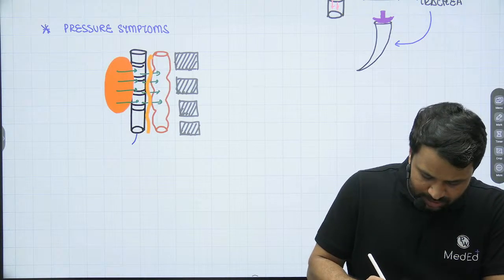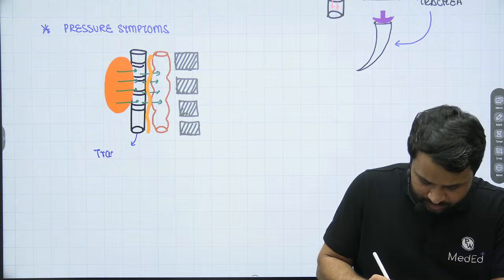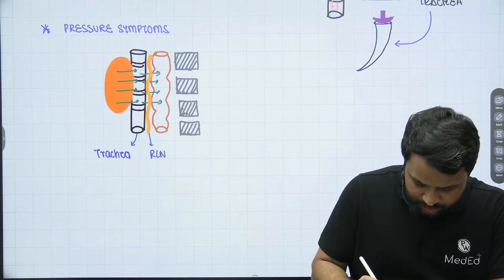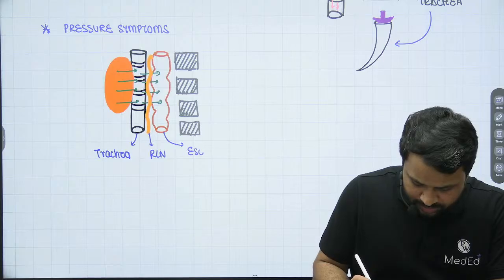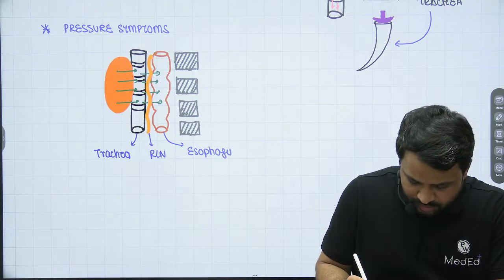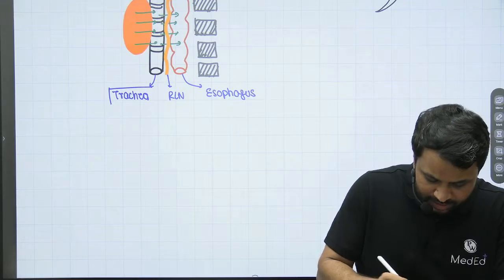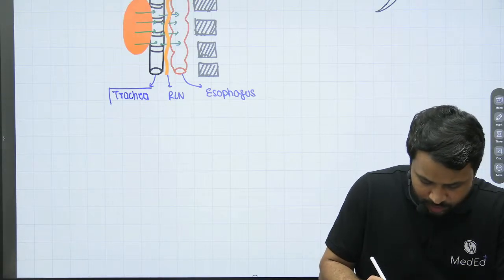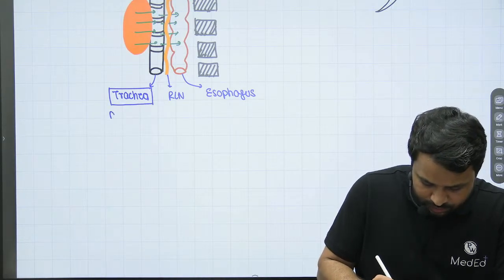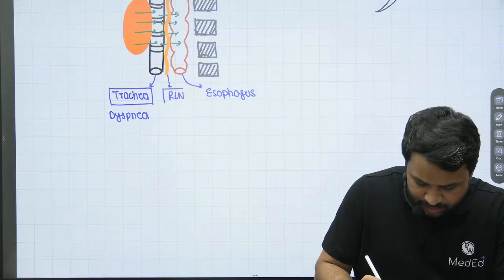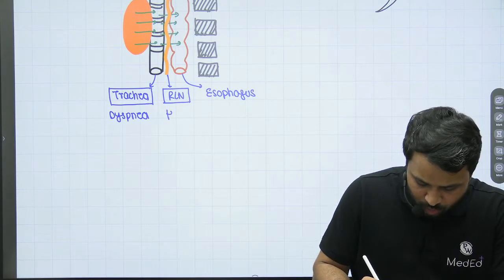It will compress the trachea, it will compress the recurrent laryngeal nerve, and it will also compress the esophagus, right? Compression of the trachea will result in difficulty in breathing, and that is what we call dyspnea. So the patient will present to you with dyspnea. Compression of the recurrent laryngeal nerve will result in hoarseness of voice.